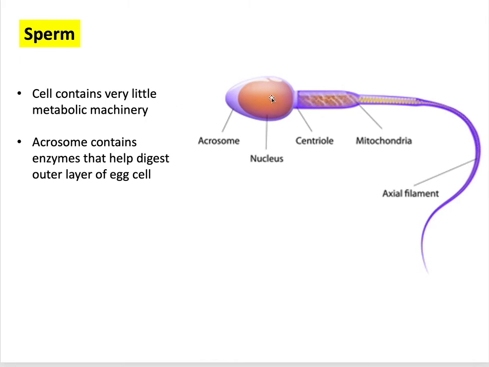They have a nucleus, and they have a flagellum for moving. And that's all I want you to remember. There's not much else that the sperm is doing. It's bringing DNA to an egg, and it has to get there. And so the flagellum is the way it moves. We'll talk about acrosomes briefly at the end of this.